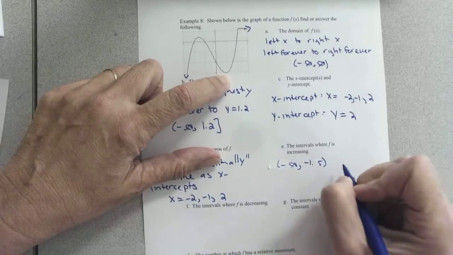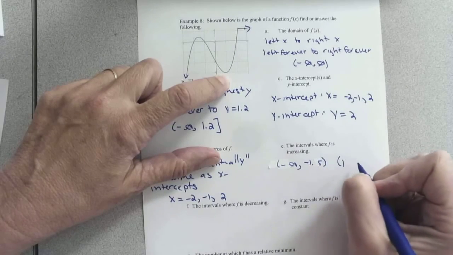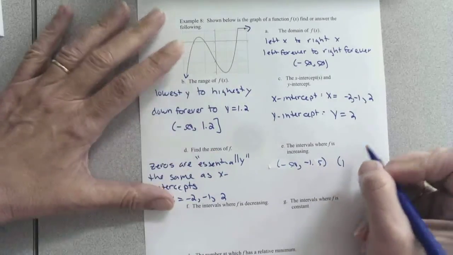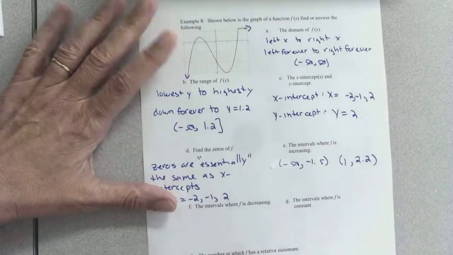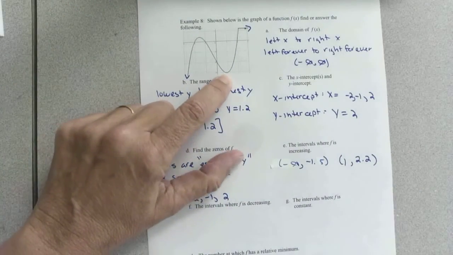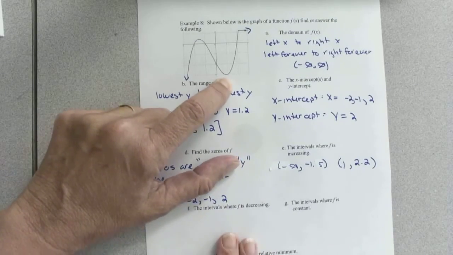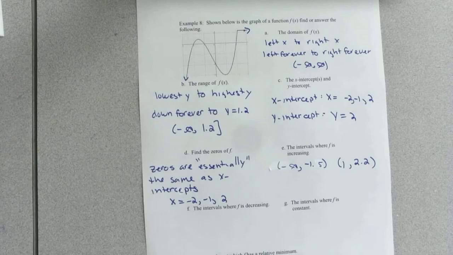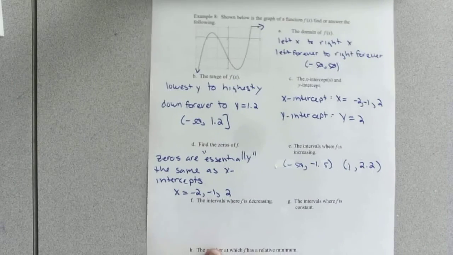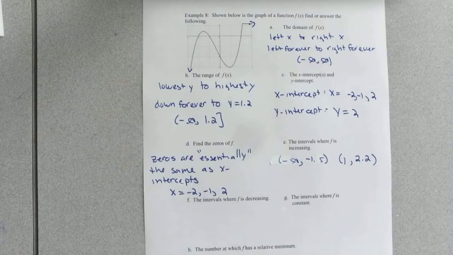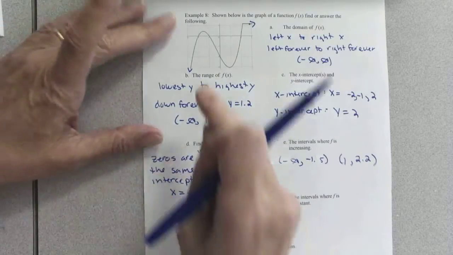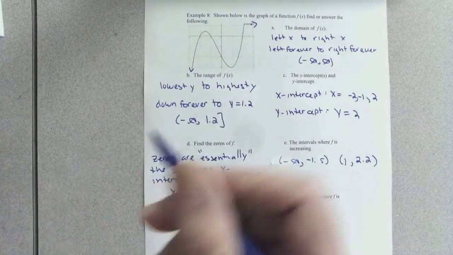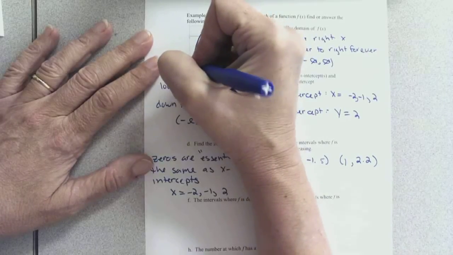And then again, from it looks like 1 to a little more than 2, maybe 2.2. It starts rising again right about there, which is 1, and then right about there, maybe 2.2. Again, ballpark. Now, in the homework, it's on a nice, neat grid, so you don't have to guess. Here, a rough guess. Decreasing, just in the middle here. So here's where it was increasing.